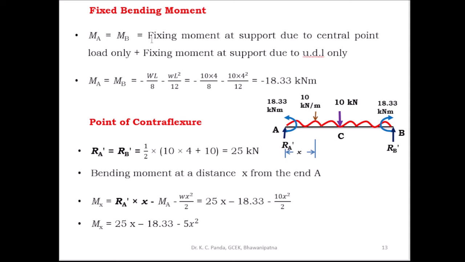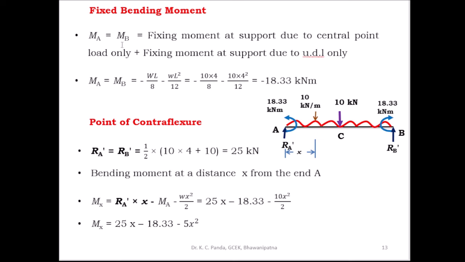So you can find out that is due to the central point load and due to the UDL. So here this is the UDL, this is the central point load. So due to these two loads, you have to find out the moment at the end A and the fixing moment at the end B.